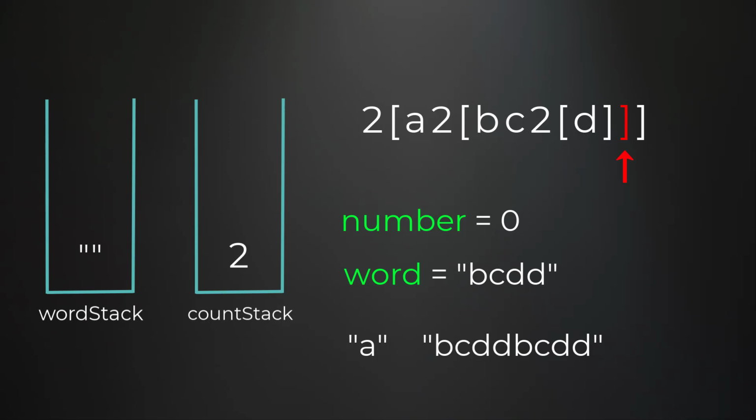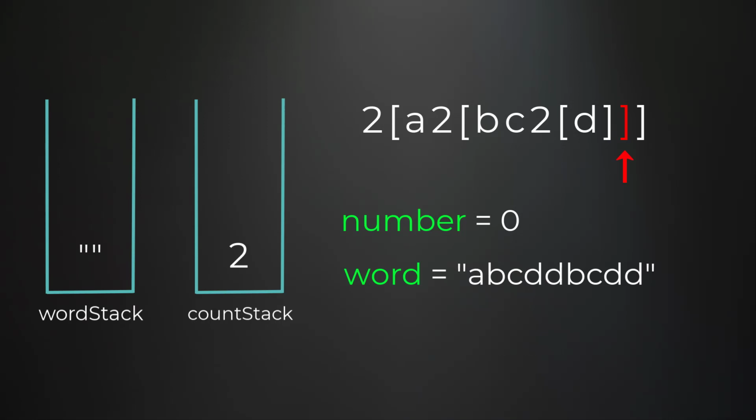And then we're going to add A to the beginning. And then we assign this decoded string to our word variable. So our word variable is now ABCDD, BCDD.